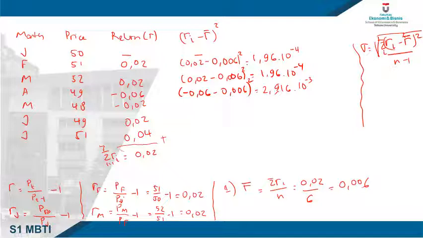Right. Now, minus 0.02 minus 0.006 squared is 6.76 times 10 to the minus 4. And then here, luckily it is also the same as the first and the second, so I'm just copying.